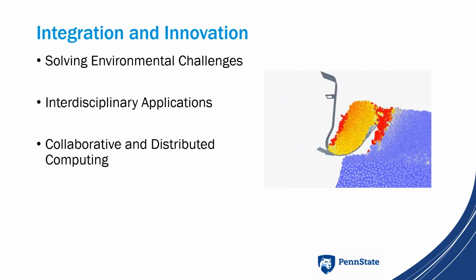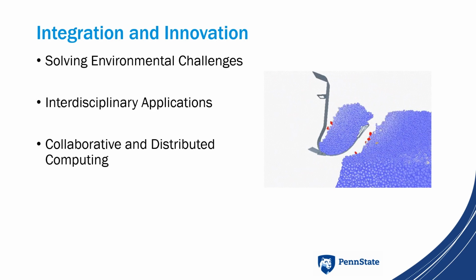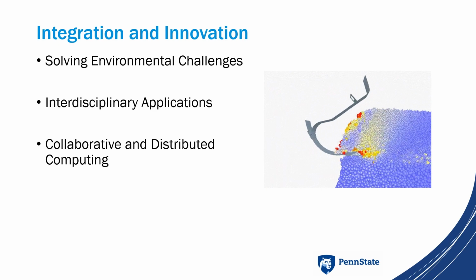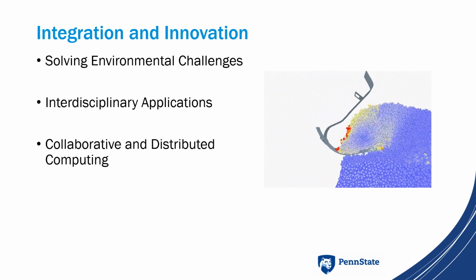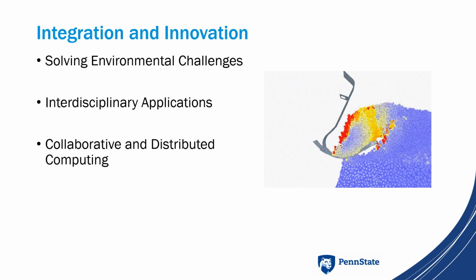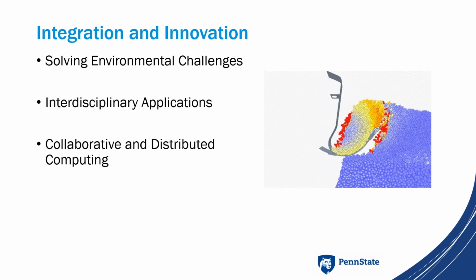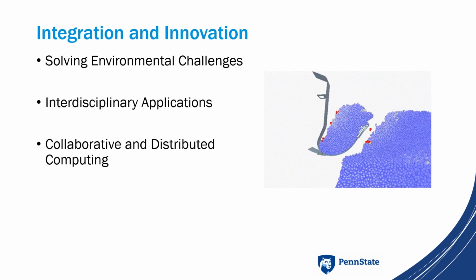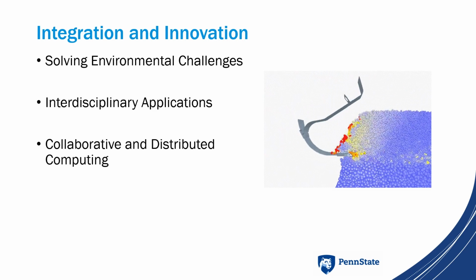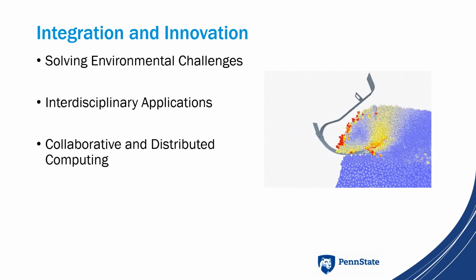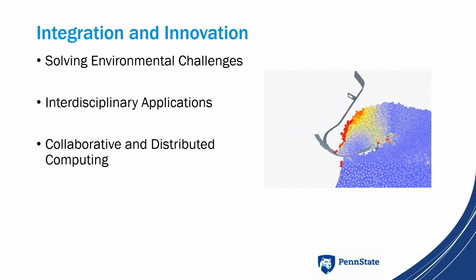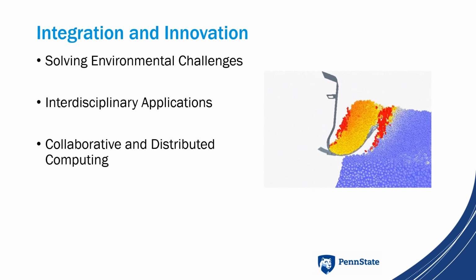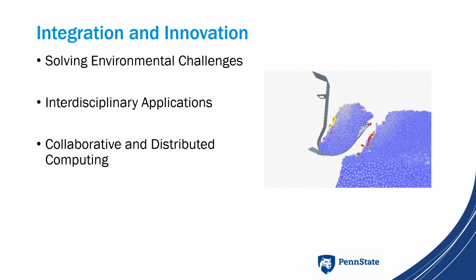Solving environmental challenges: DEM is set to play a crucial role in addressing environmental challenges, from predicting and mitigating the impacts of natural disasters like landslides and earthquakes to optimizing the design of renewable energy systems such as wind turbines and solar panels. The ability to model complex environmental systems in detail will be invaluable in developing strategies to adapt to and mitigate the effects of climate change.